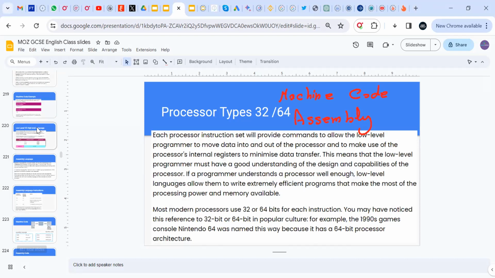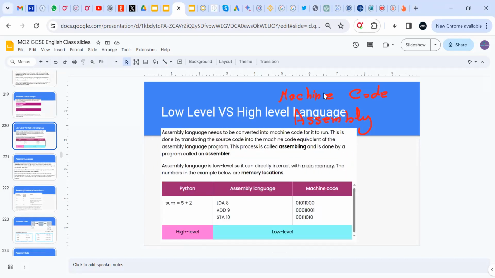Okay, here is an example. Like we said, a low level language is very close to the machine. These are the languages that were used 40 or 50 years ago when they started making computers.